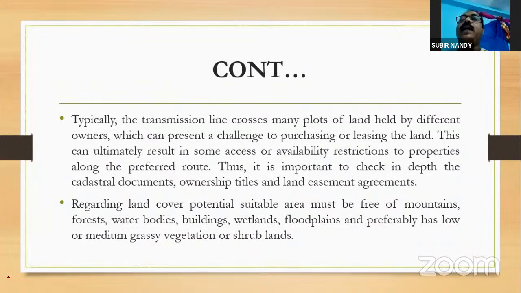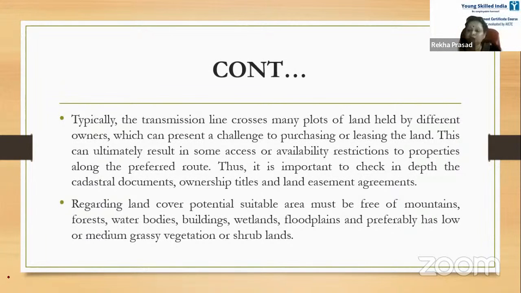Regarding land cover, potential suitable area must be free of mountains, forests, water bodies, buildings, wetlands, floodplains, and preferably has low or medium grassy vegetation or shrublands.